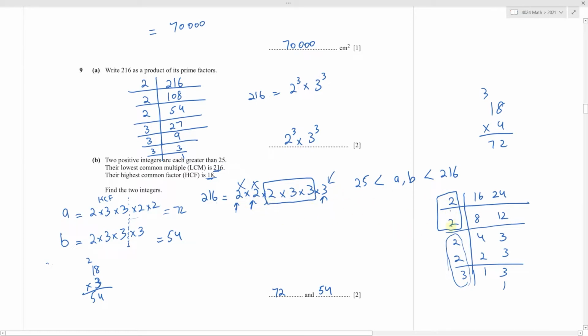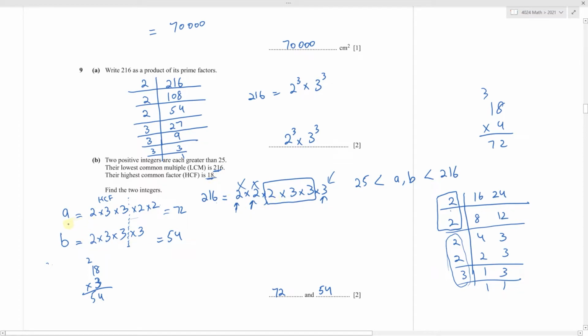So the common prime factors between the two represent the HCF, and then you continue to divide until you get one on both sides, one here and one here. This gives you the LCM. So we are basically first taking out the highest common factor and then continue to divide both numbers until you get down to 1, and then the rest of them multiplied with the HCF give you the LCM. So you applied the same knowledge here. You have the prime factors. You're given 18 is your HCF.